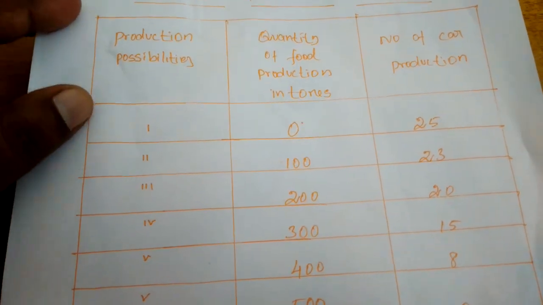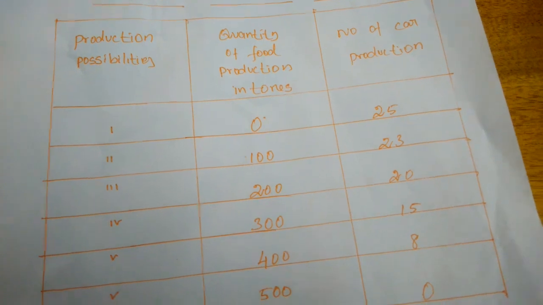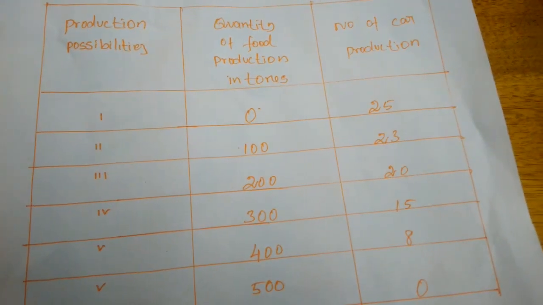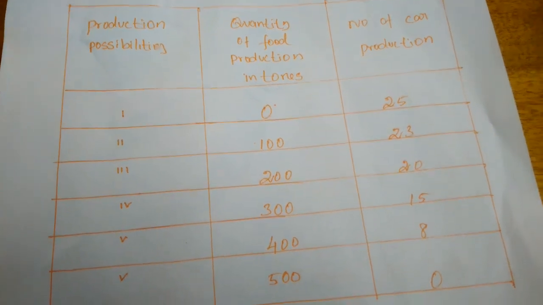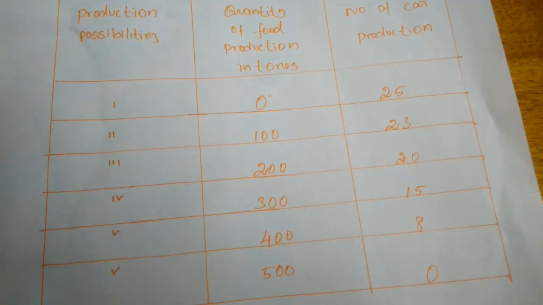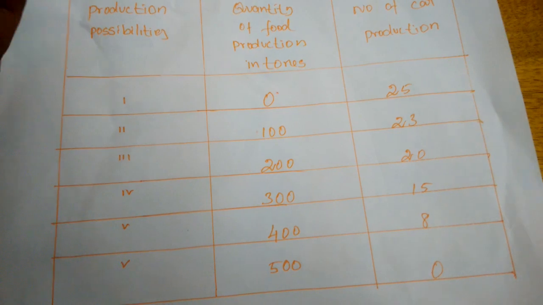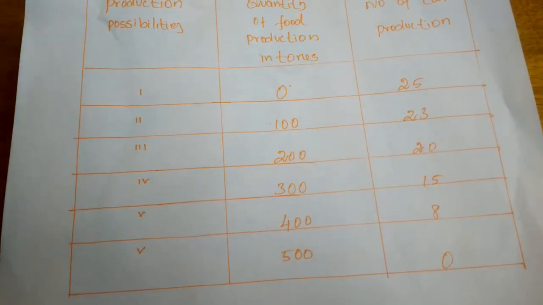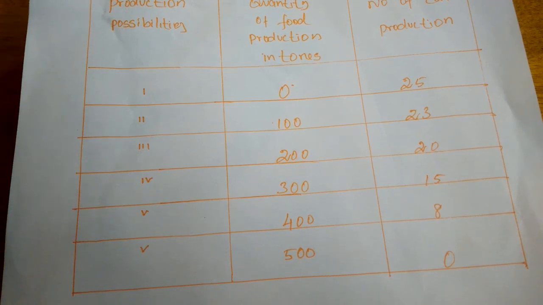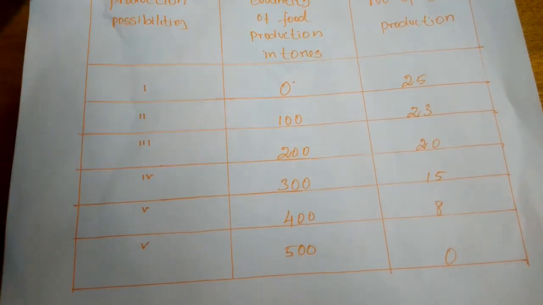Do you remember what the assumptions were yesterday? The time period does not change. When we are producing any commodity, the time period does not change. It remains the same throughout the curve.